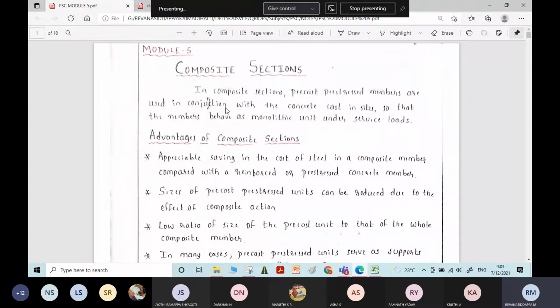After successful learning of this module, you will be able to describe composite sections and you will be able to analyze a composite section for flexure or shear or stresses.